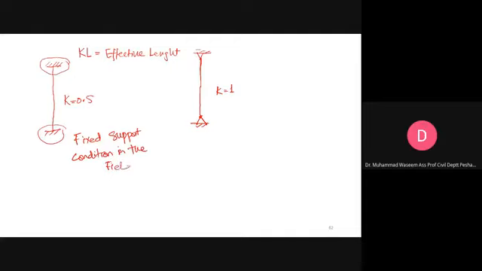Whatever type of bracing or restraints we provide at our support, we can more accurately model it with the pin condition. So in the field, we can achieve the pin condition.